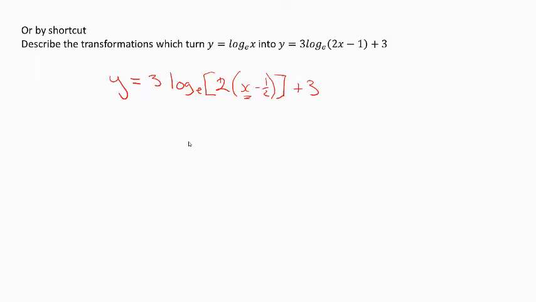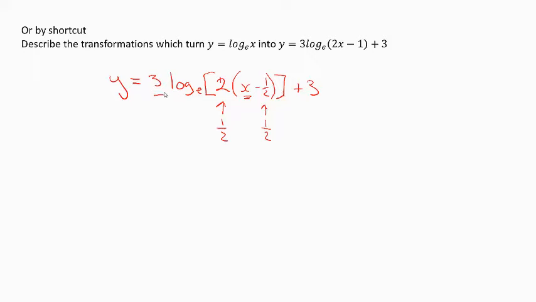Now you say anything that happens inside the brackets is happening from the y-axis. So we've got dilation by a factor of a half, and moving 1/2 unit from the y-axis.